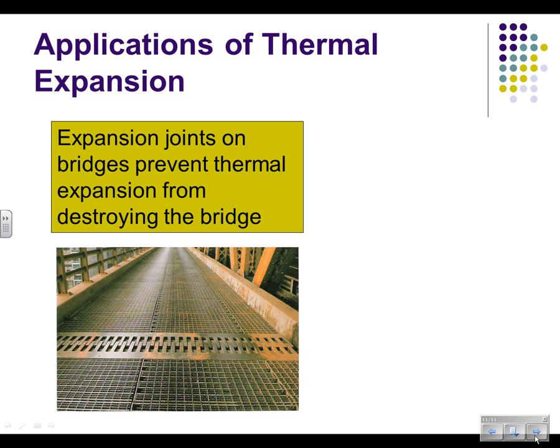If you don't allow space for that bridge to get bigger, guess what it's going to do to itself? It's going to crack itself, right? So this expansion joint allows the bridge to actually get bigger in the summertime and cool down in the wintertime. Okay? Or it might end up like this.